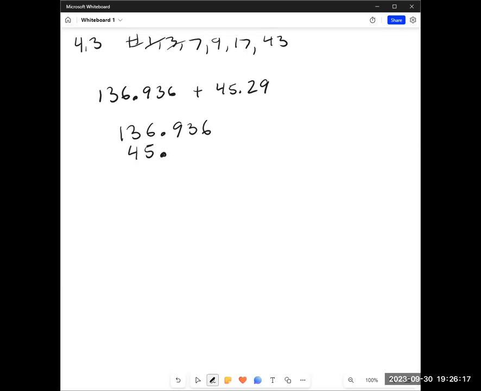Again, remember, line up your decimal points and add zeros as necessary, like we just did there. 6 plus 0 is 6. 3 plus 9 is 12, so we're going to carry. 2 plus 9 is 11, plus 1 is 12. We're going to bring down that decimal point. 5 plus 6 is 11, plus 1 is 12. 4 plus 3 is 7, plus 1 is 8. And we're just going to bring down that 1, and we have 182 and 226 thousandths.